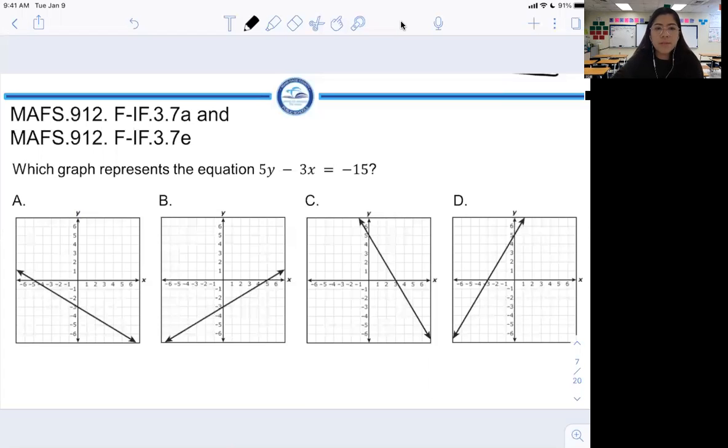So here's one. Which graph represents this equation? First of all, what type of graph am I looking at? What type of function? Good, Jalen. This is linear. Now, what do I do with this information? What type of form is this written in?